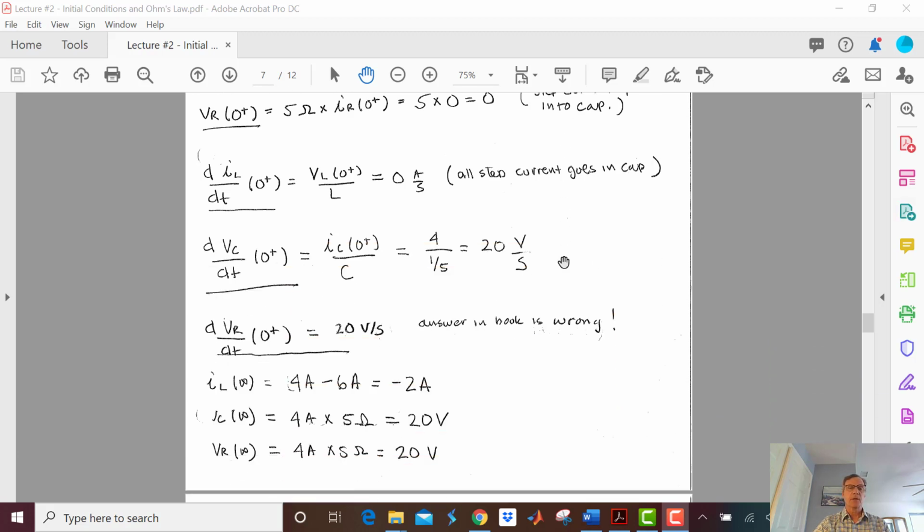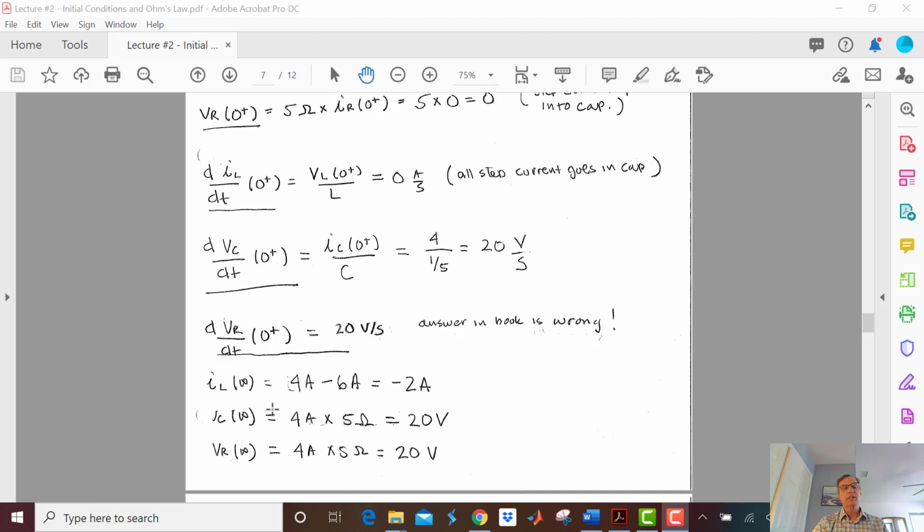So now let's come down here where I said dVr dt was 20 volts per second. So scratch that out and then scratch this out. And if we weren't in the middle of this COVID-19 lockout and I could get to my binders in my office, I would update this lecture, but I'm not able to do that. So cross that out. It's 0 volts per second.